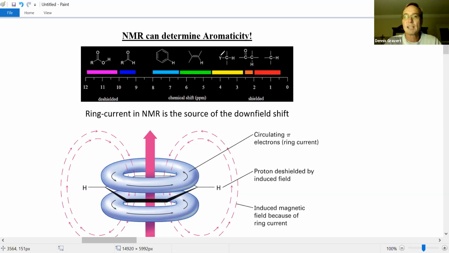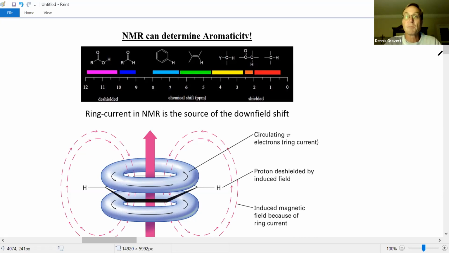Hydrogens next to an electronegative atom like oxygen, nitrogen, or a halide, they're 3 or 4. Here we go. Hydrogens on an sp2 carbon, an alkene, is somewhere between 5 and 6. But hydrogens on benzene on an aromatic system are farther downfield, 7 or 8.